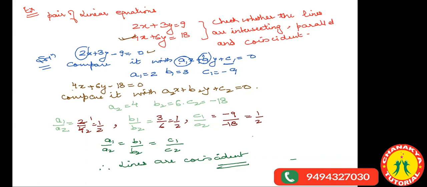And children, this coming Saturday, your objective test would be there, and it will contain only these type of questions based on these ratios, in which you have to tell whether the lines are intersecting or parallel or coincident, or the system is consistent or inconsistent. Clear?